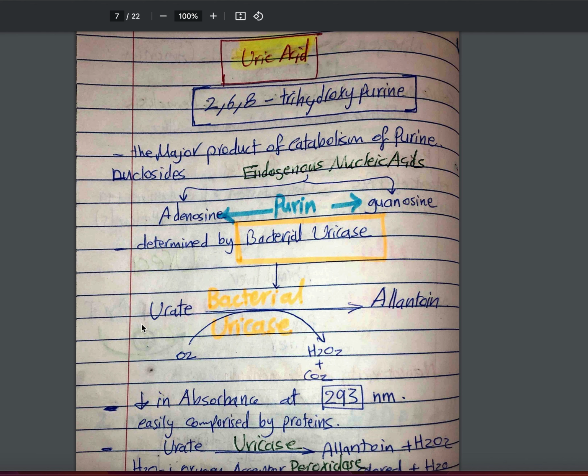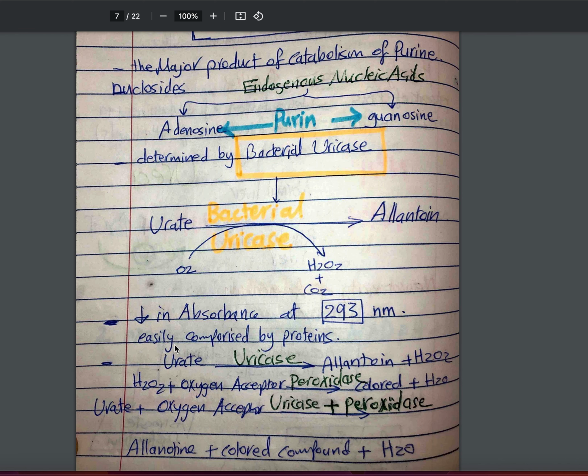So from the urate, it will turn by the bacterial uricase to allantoin, and that decreases the absorption at 293 nanometers, which is easily compromised by the proteins. Urate, again by the enzyme called uricase, which is present in bacteria, leads to allantoin plus H2O2.